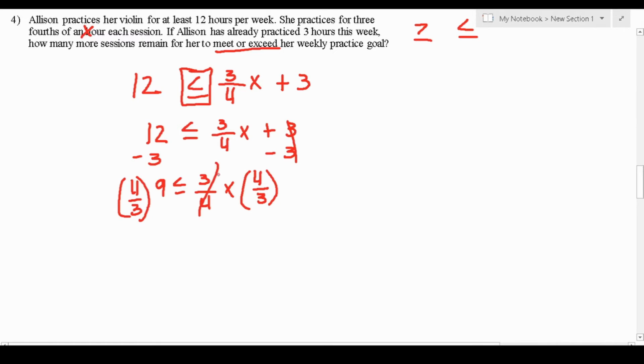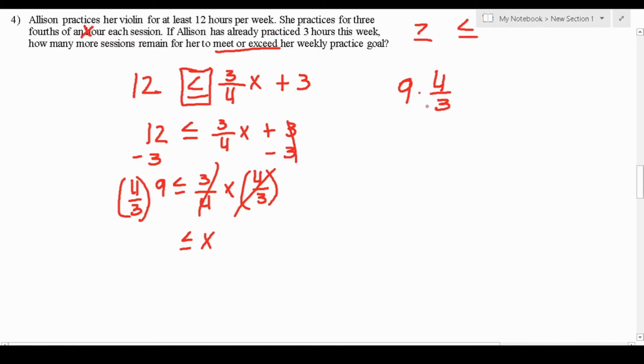This is going to simply cross out this 3/4, leaving us with just x is greater than or equal to 9 times 4/3. That is, we have 9 times 4/3. We have a whole number times a fraction.